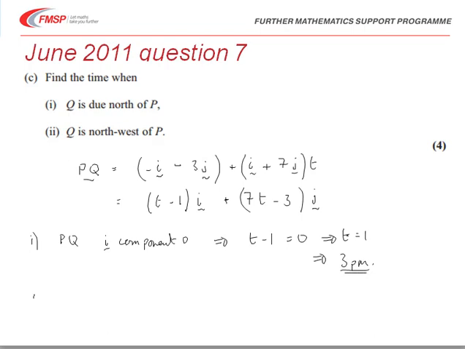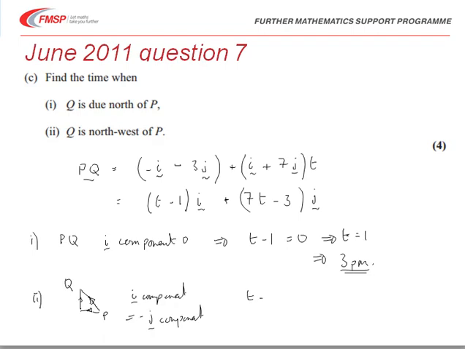In the second part of the question, northwest is over in this direction, PQ, so that we have an i component which is going to be the negative of the j component. So these are going to be equal values. So the i component is equal to negative of the j component.